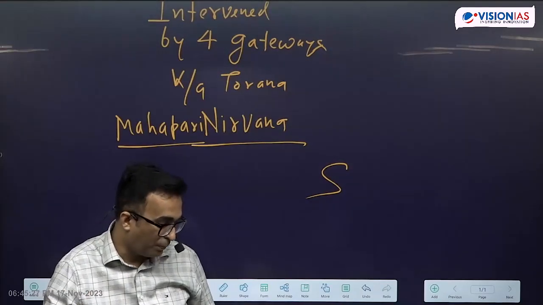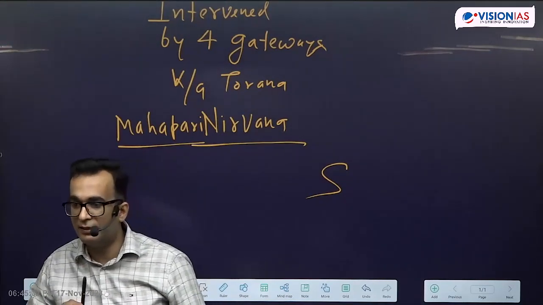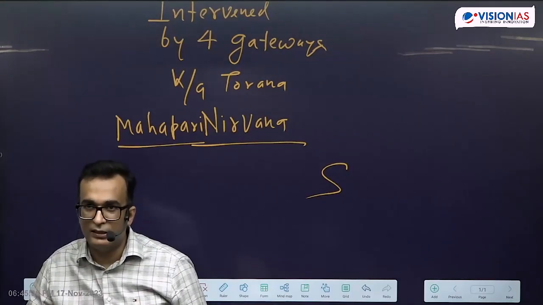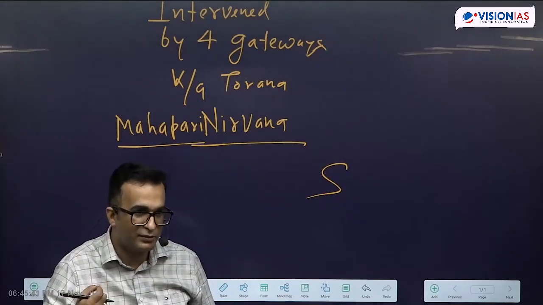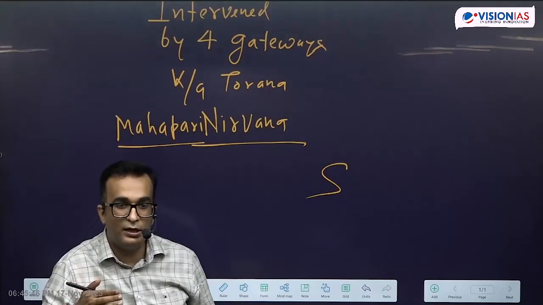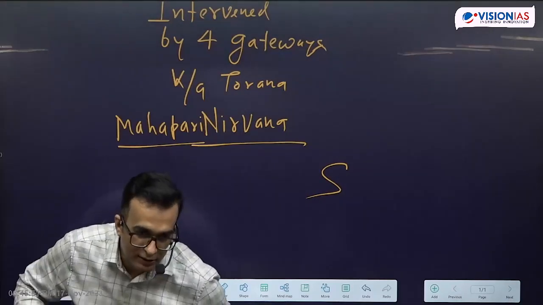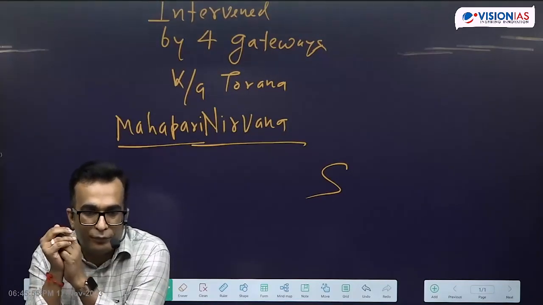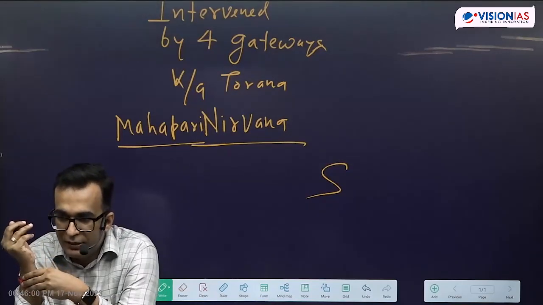Then Yasti represents axis of the earth. Yasti, Y-A-S-T-I. And the three horizontal discs represent three jewels of Buddhism.